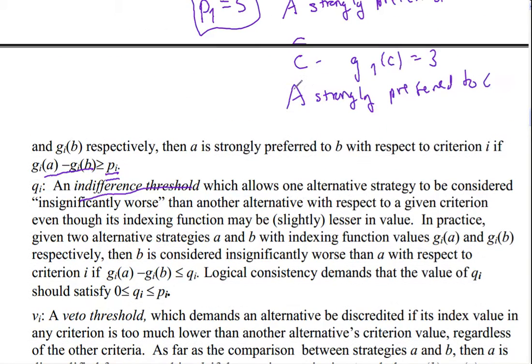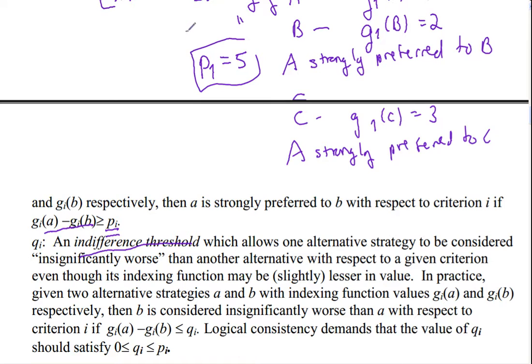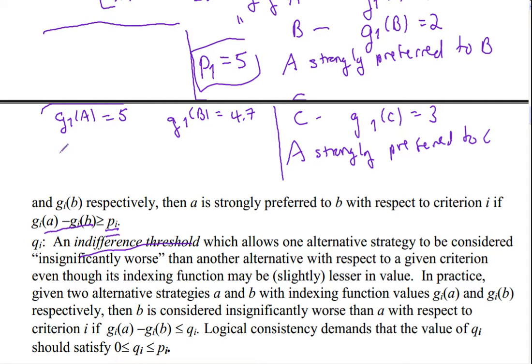I could give an example for Q. Let's say G1 of A is equal to 5, and G1 of B is equal to 4.7, and suppose my indifference threshold is equal to 0.5.